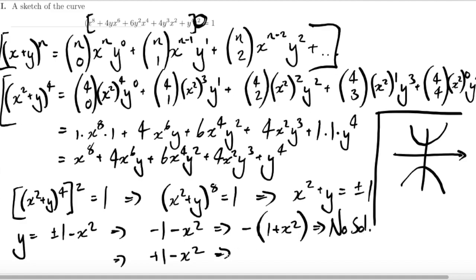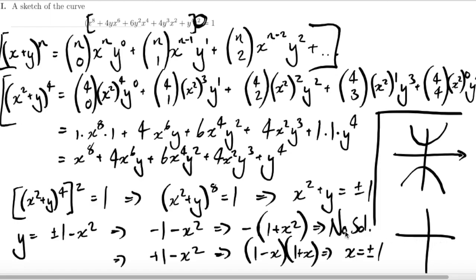However, we do have solutions for this. We would have, because we can factorize this as 1 minus x, 1 plus x, which gives solutions as x equals plus or minus 1, which on our axis would look something like that.